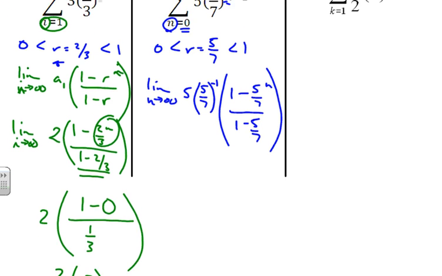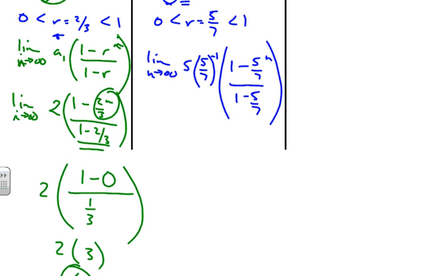We can simplify this. The first term, 5 times the reciprocal of 5/7, equals 7. As n goes to infinity, the 5/7 to the n term once again approaches 0. So we have 1 minus 0, which is 1. And 1 minus 5/7 gives us 2/7.